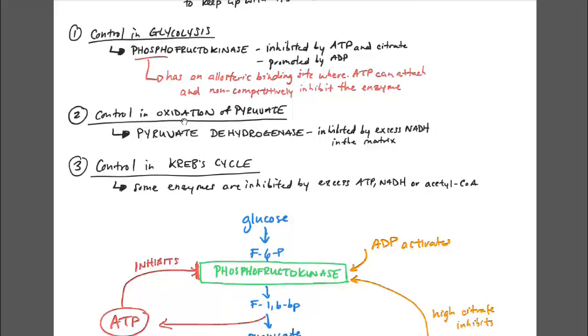Then we get control in the oxidation of pyruvate. The pyruvate dehydrogenase is the enzyme that was doing the job of making the NADH and stealing electrons from the pyruvate. If I've already got a lot of NADH, because that's the product of this pyruvate dehydrogenase, then I might not need any more. So if I have a lot of NADH, I can go back and shut this guy down so I stop producing NADH in the matrix.